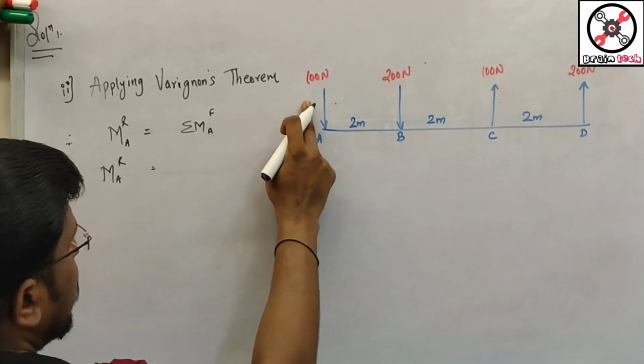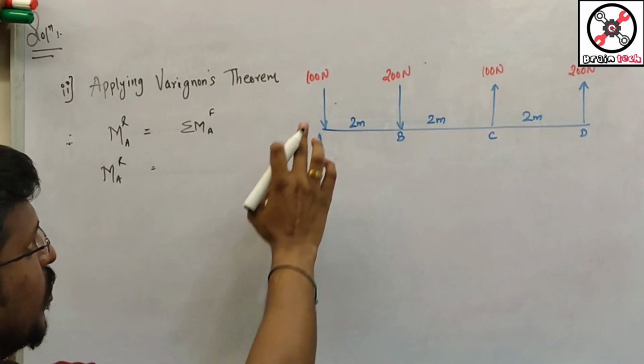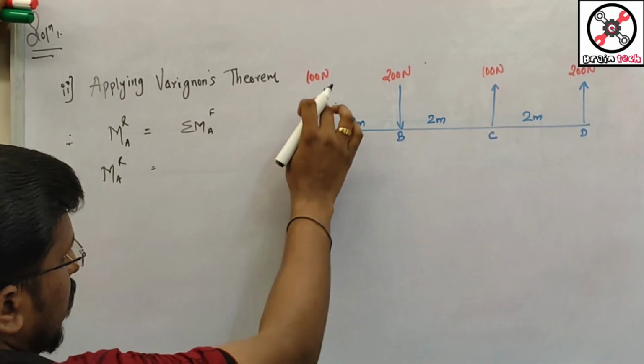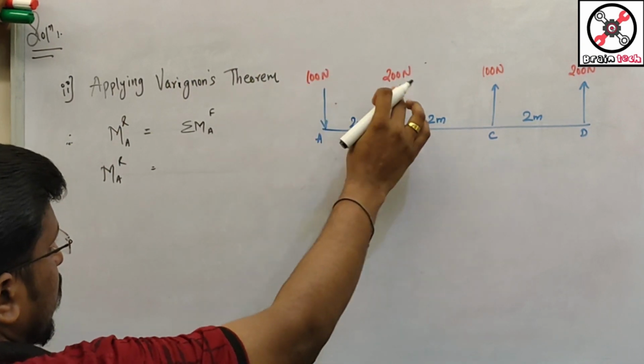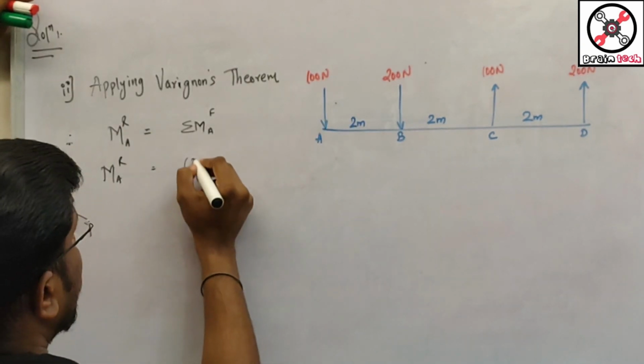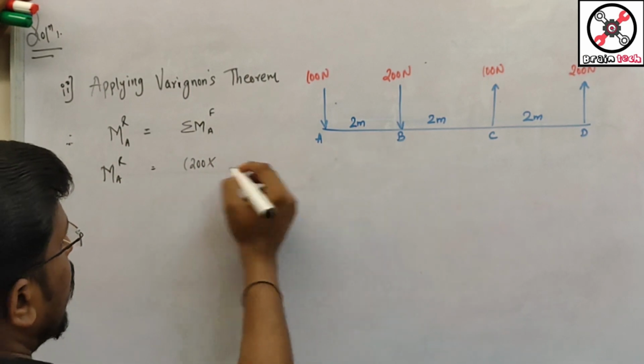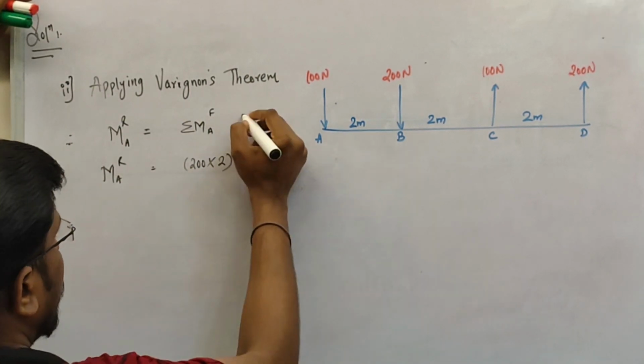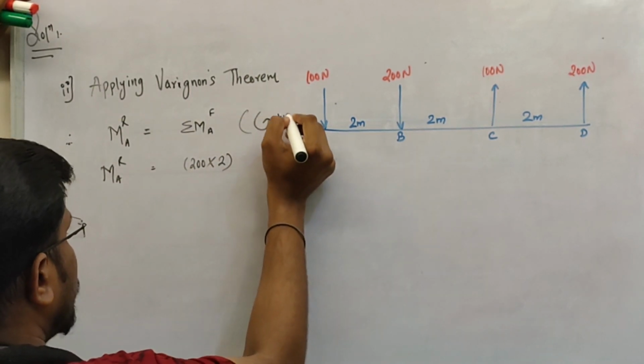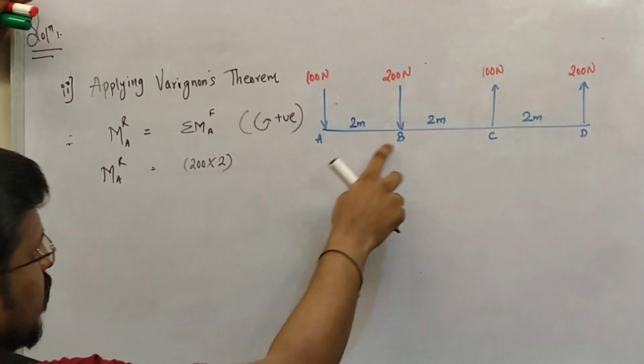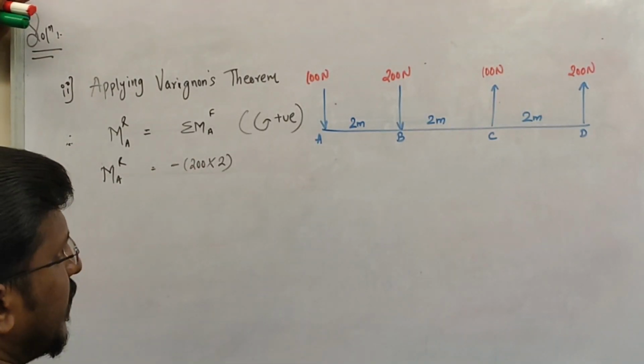We'll say this is 0 because the perpendicular distance is 0. So the moment about A for this force is 0. Then here it will be 200 into 2. We'll take anti-clockwise as positive. This is clockwise, so we'll say it is negative.